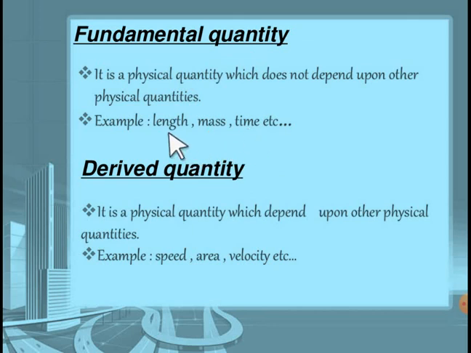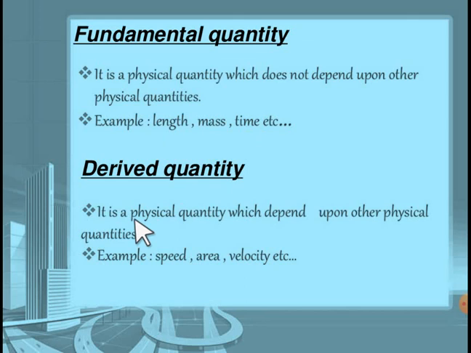So this meter, kg, second, to give these fundamental quantities in terms of units, we call fundamental units. So the fundamental unit of length is meter in SI unit. The fundamental unit in SI for mass will be kg. Likewise, similarly second. There will be 7 fundamental quantities. We will come to that later.